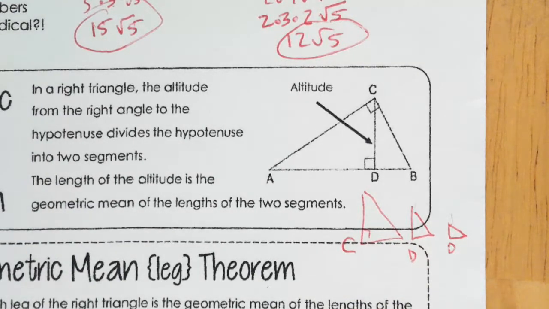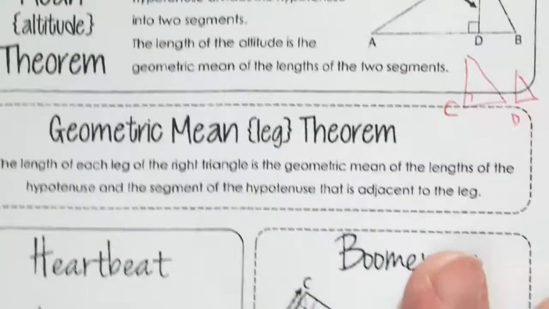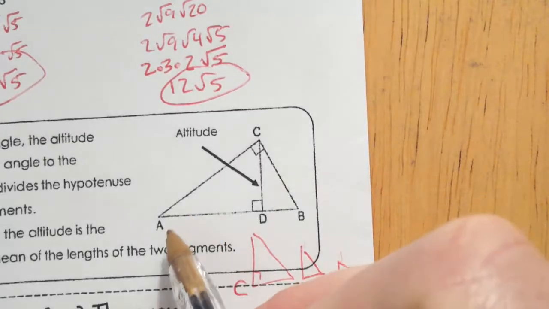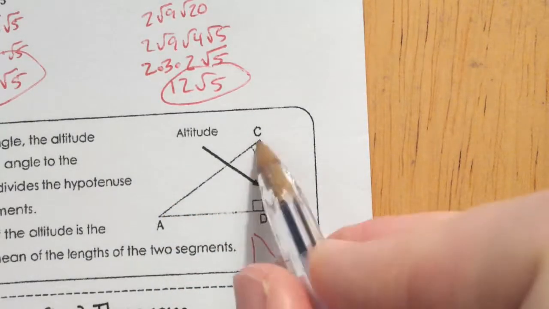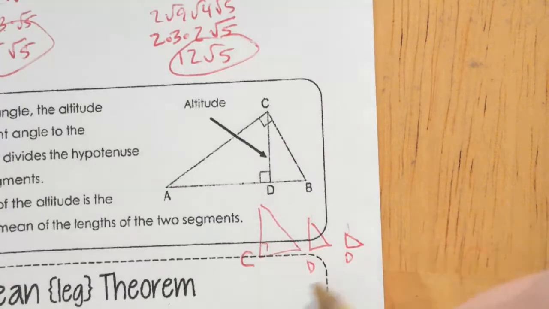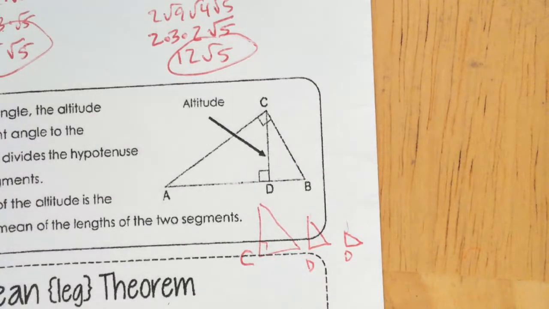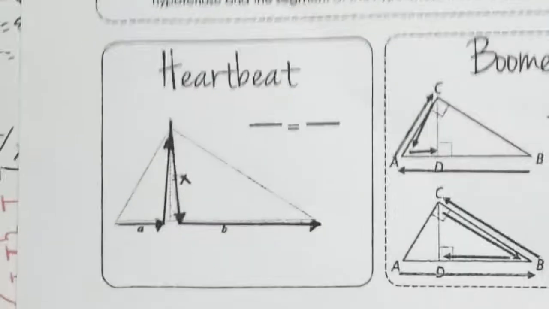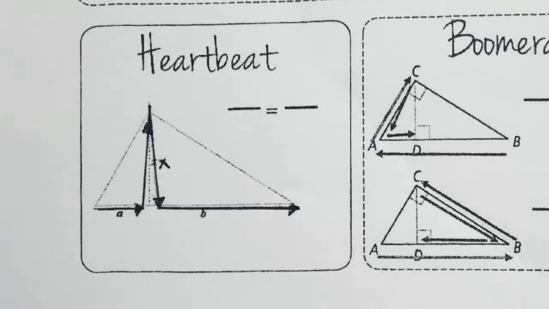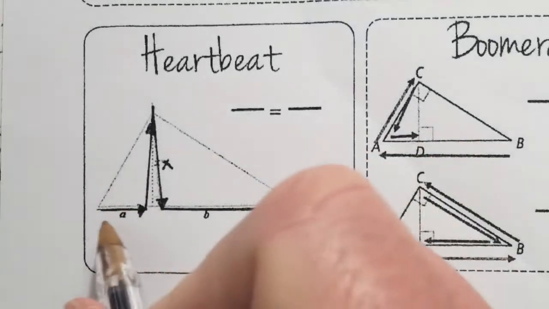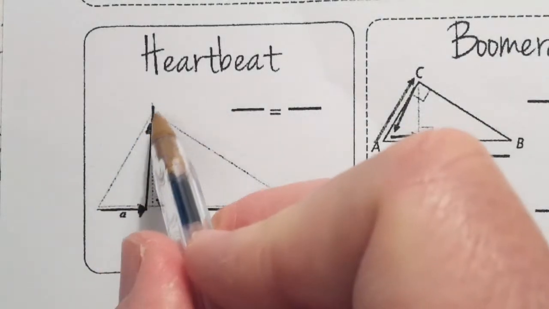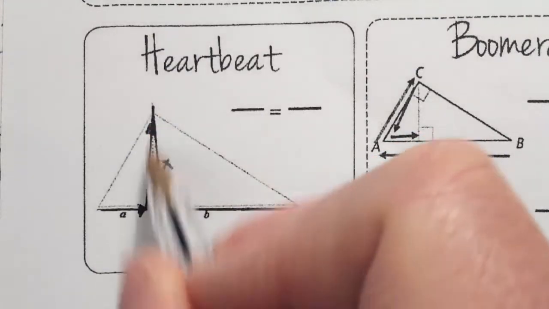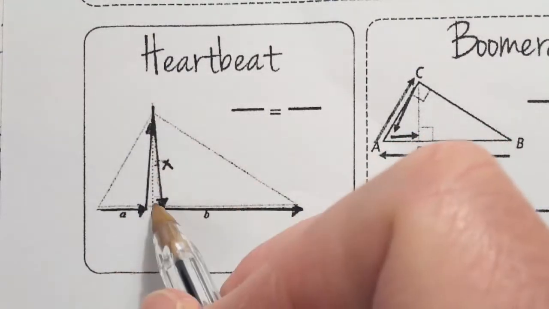And the best way to look at this is just heartbeat and boomerang. So instead of trying to figure out which side is the short side and which side is the long side and try to match those up, the best way to do that is heartbeat and boomerang. Okay, so this is what's going on. Heartbeat.